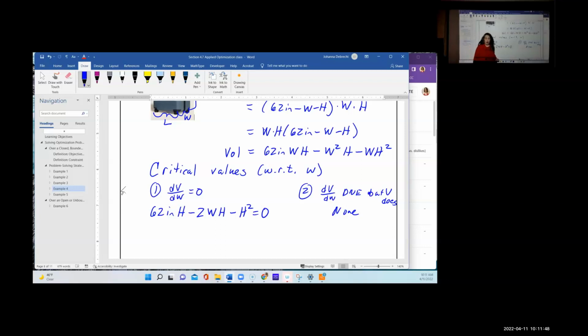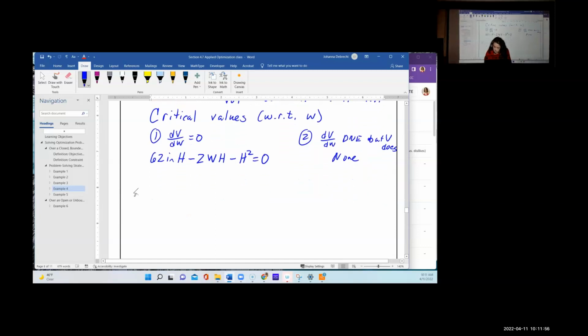Now I need to solve this for W. And when I solve this for W, I get 2WH equals 62 inches H minus H squared. And then I can divide everything by 2H.